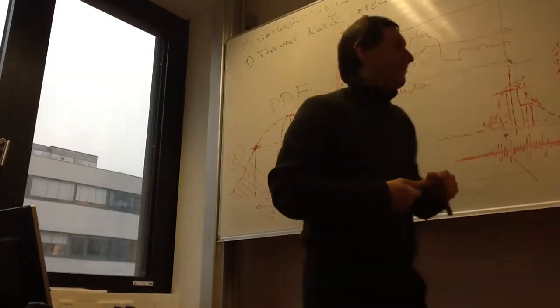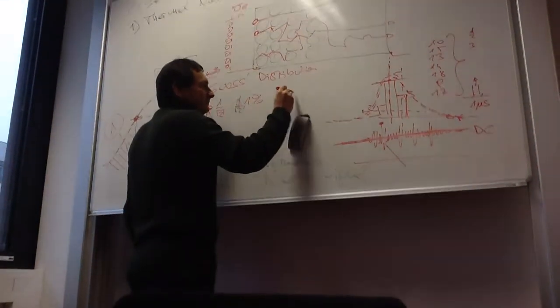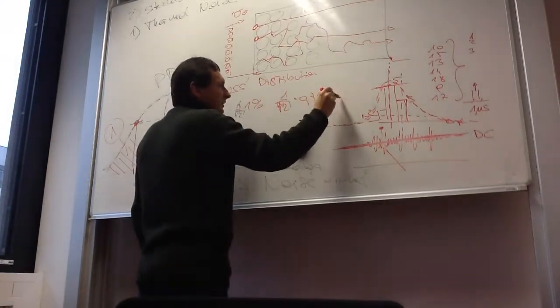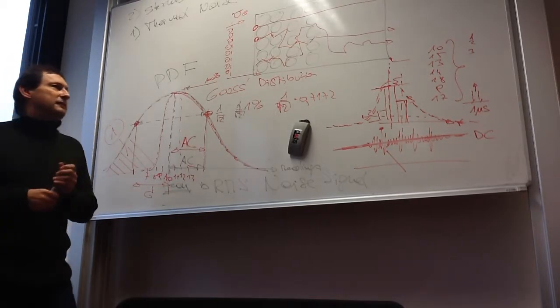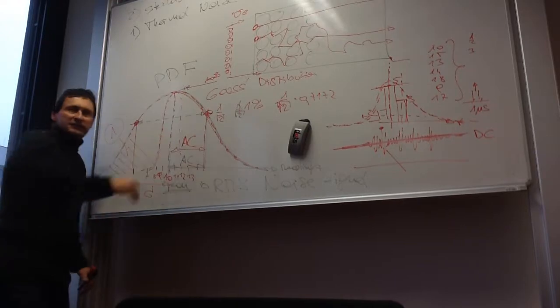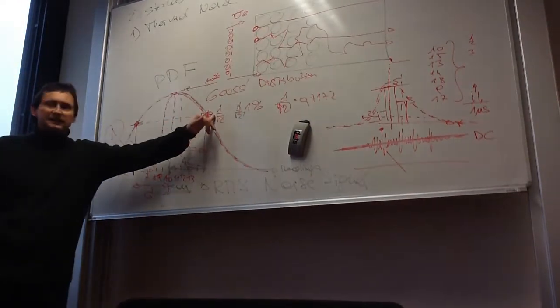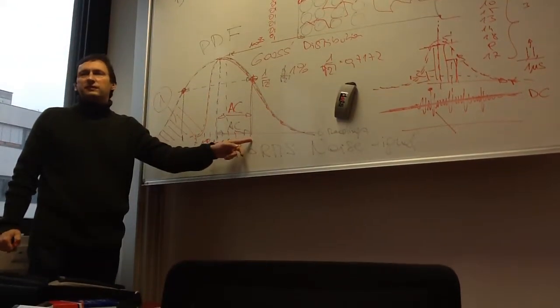So 1 over square root of 2 is 0.7172 something. But you can do the calculation. And then the horizontal, where it cuts with the distribution, will give us the RMS value of the noise.